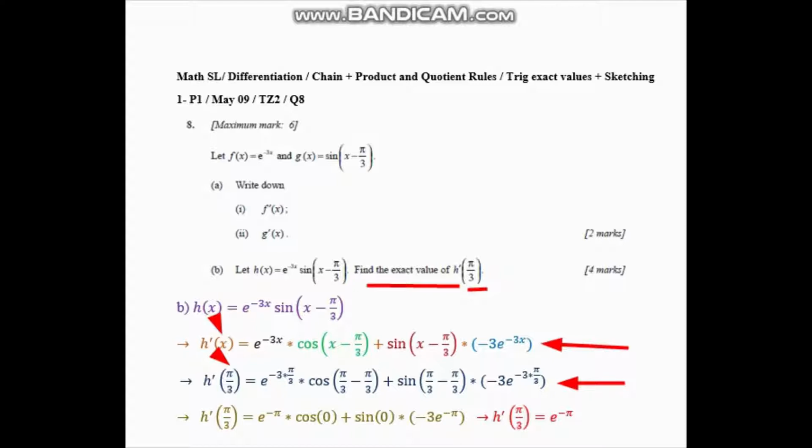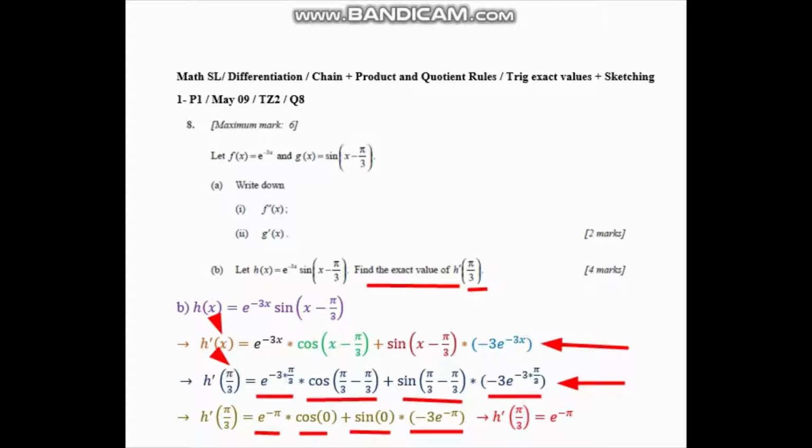So for the first component, negative 3 times pi over 3 gives me negative pi. Cosine of pi over 3 minus pi over 3 is the same as cosine of 0. Same goes for sine of pi over 3 minus pi over 3. That also gives me sine 0. Finally, negative 3 times pi over 3 in the exponent gives me again negative pi.